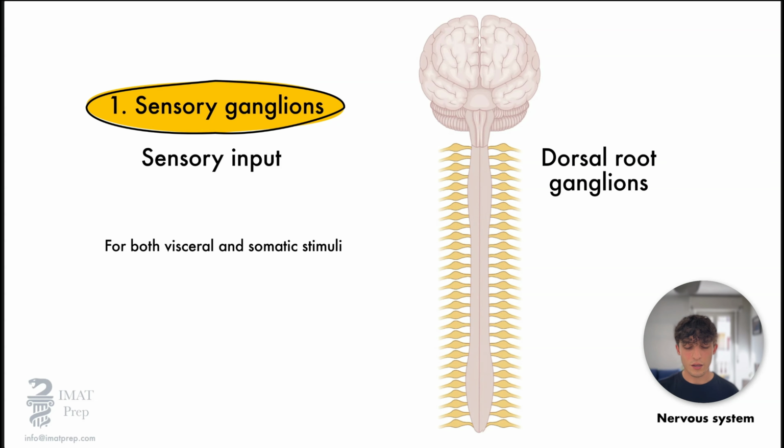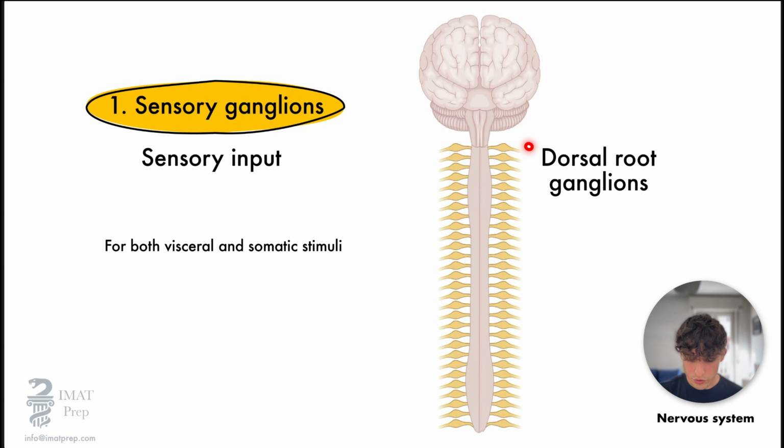And actually, we have sensory ganglions throughout the spinal cord, because we have seen before that different parts of the body send information from different levels to the spinal cord. And actually, just before entering, because these are pseudo-unipolar neurons, we have the cell body right outside the spinal cord.